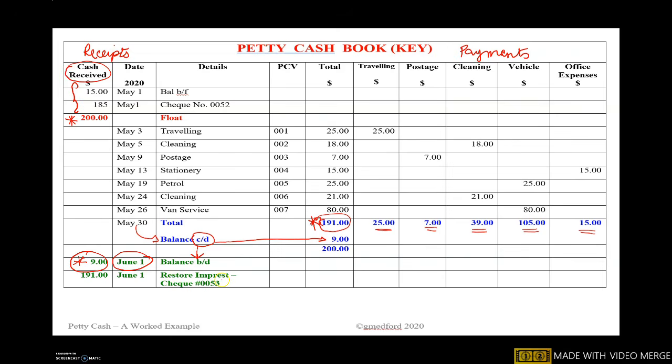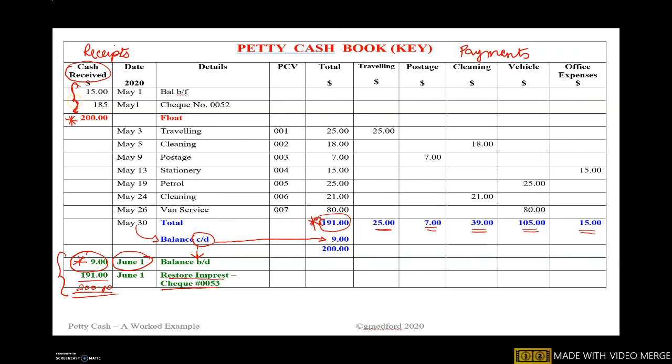We are told that the imprest was restored by check, and the check number was given on June 1st. So our new float or our new imprest for the next period is $200.